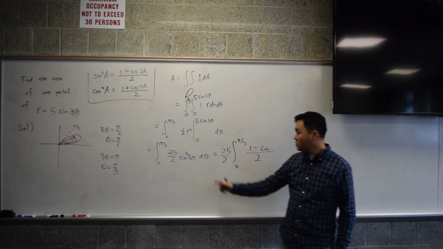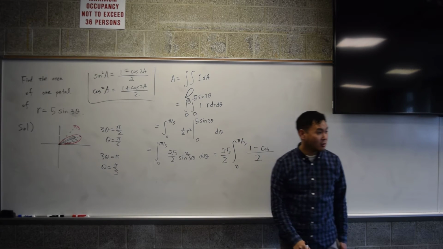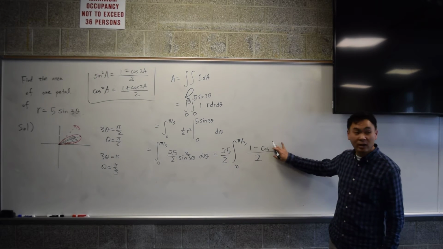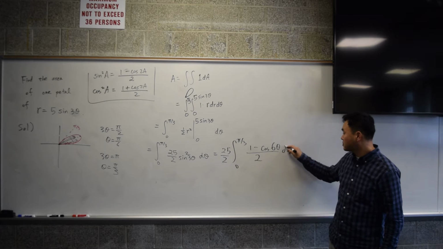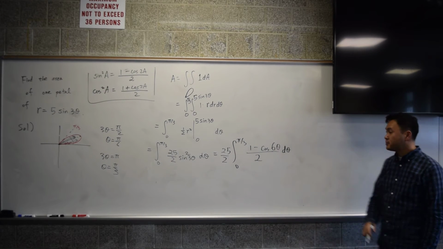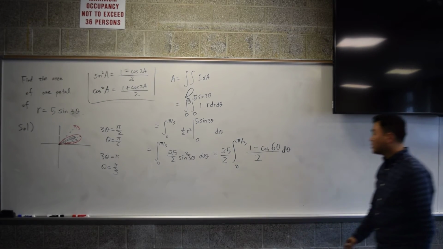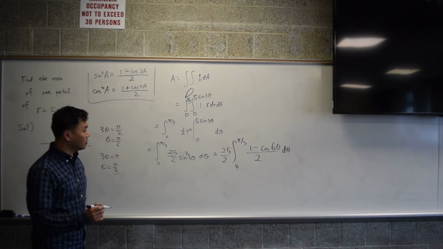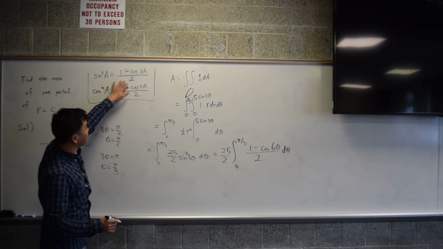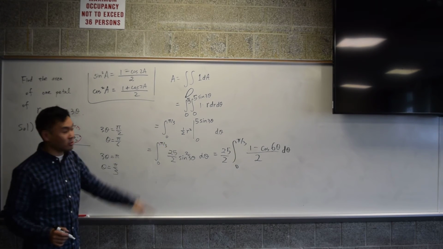No, instead of a, you have 3 theta. So what do you write? Cosine 6 theta, because twice 3 theta is 6 theta. Okay? I just plugged in this transformation, and I still need to integrate.